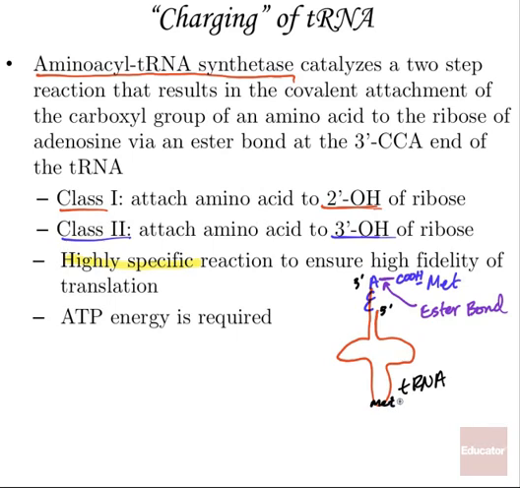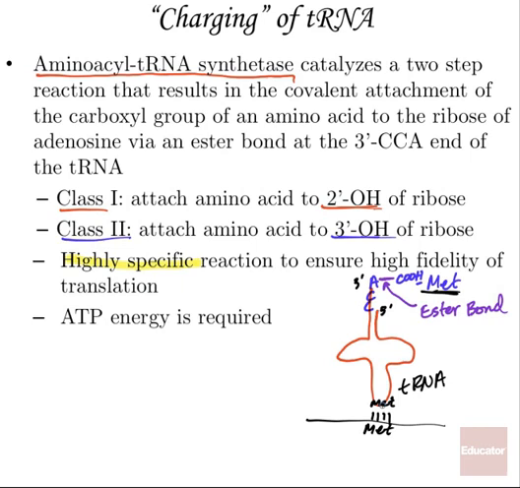If for some reason we have a different amino acid attached to this specific tRNA, then when this tRNA properly base pairs with our mRNA, which has the codon for the methionine, and they hydrogen bond together, if this amino acid is not methionine, we are going to add the improper amino acid to the growing polypeptide chain, even though we have proper base pairing between the codon and anticodon.